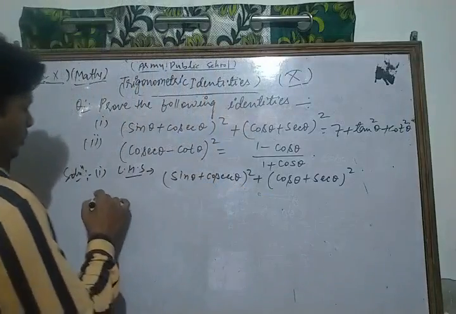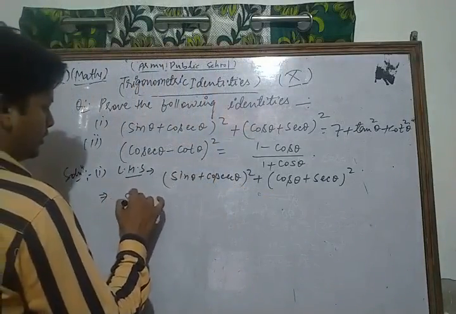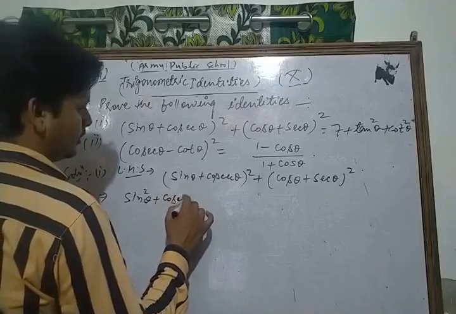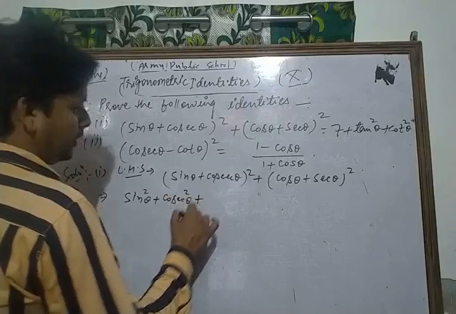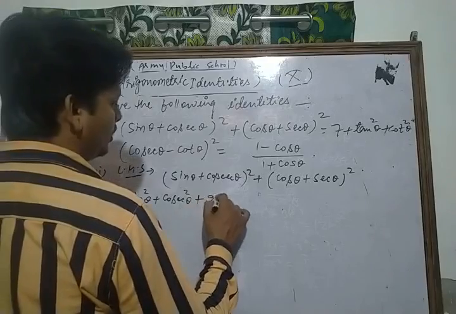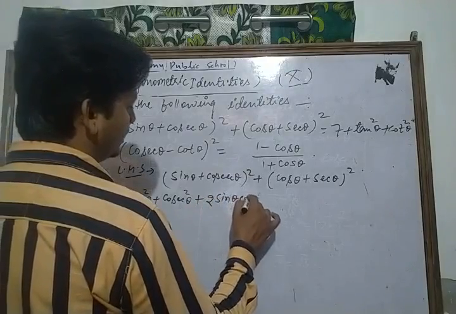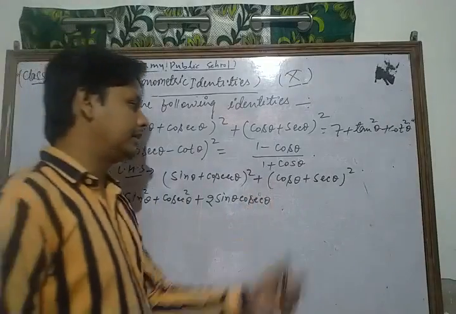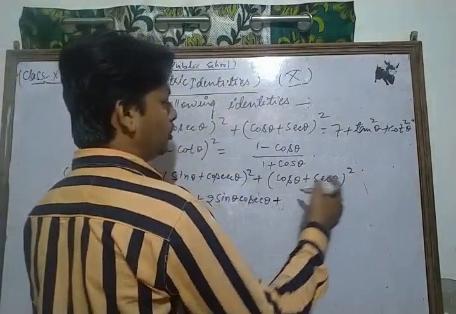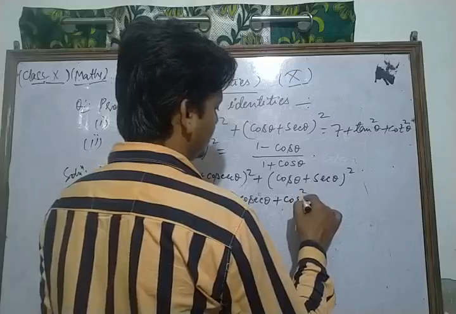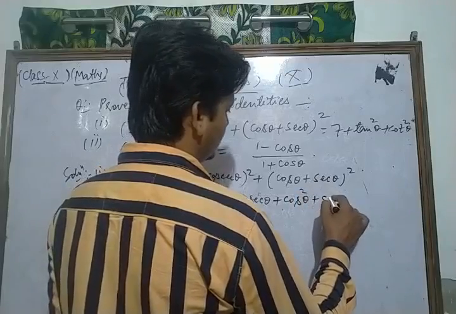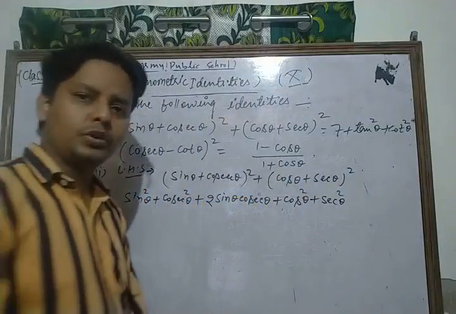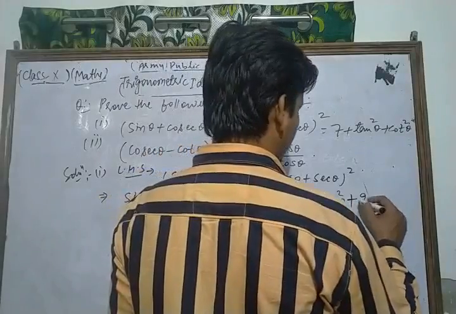So we expand them using algebraic identities. So a square plus b square plus 2ab, which means 2 into sin theta into cosec theta. Similarly, we expand the other one: a square plus b square plus 2ab.